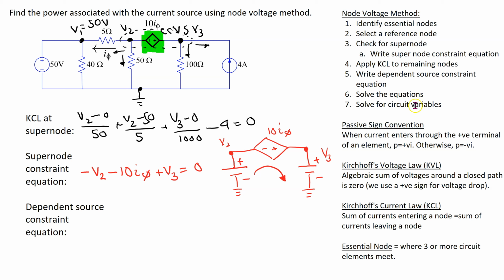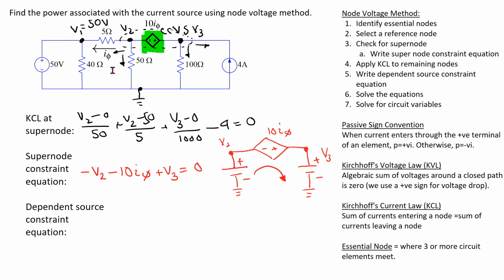After dealing with the supernode, next we need to write the dependent source constraint equation. What that means is we need to express the controlling variable I phi in terms of the node voltages. I phi is shown here. This is the current through the 5 ohm resistor in this direction.